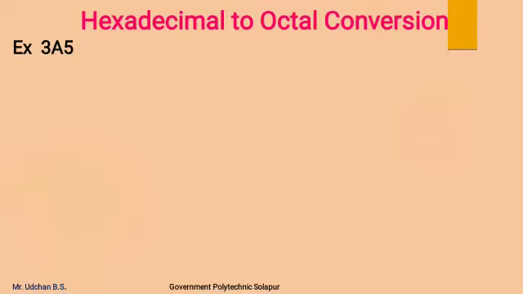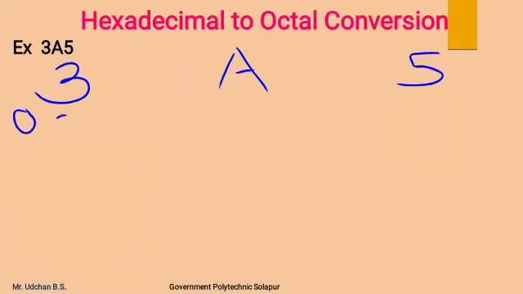The given example is 3A5. First I will write the digits in the given hexadecimal number like this: 3A5. Write the equivalent binary number, which has to be a 4-bit binary number. For 3, the equivalent binary number will be 0, 0, 1, 1.